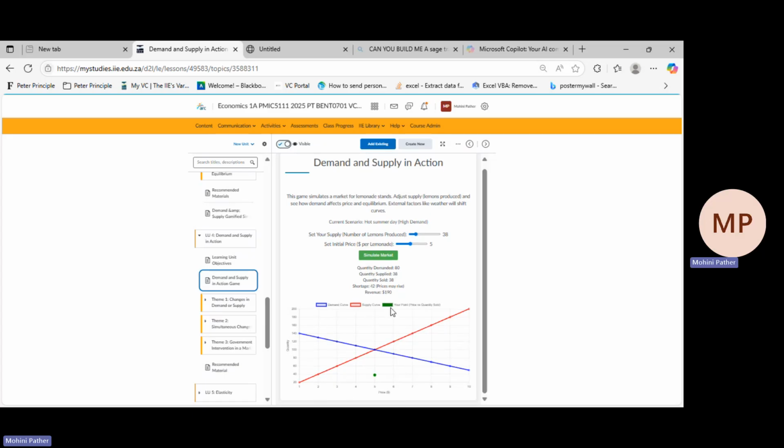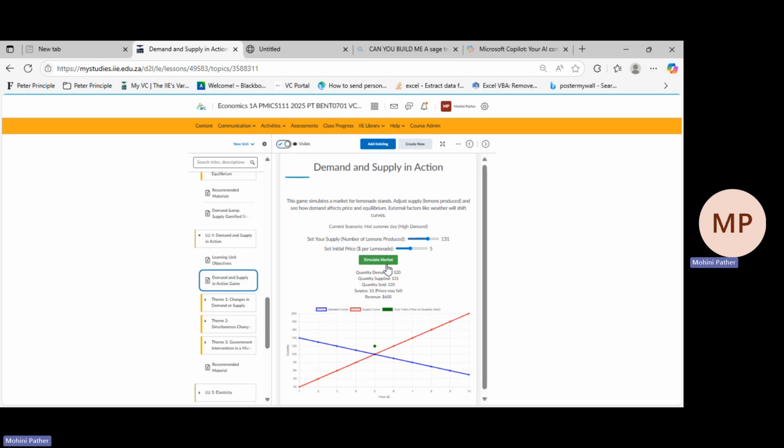If you see that there is a point where your equilibrium is out of sync with your demand and supply curves, you can manipulate these to different levels and then stimulate your demand. See if you can stimulate it to a point where you reach equilibrium.